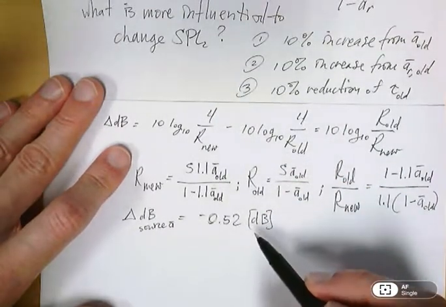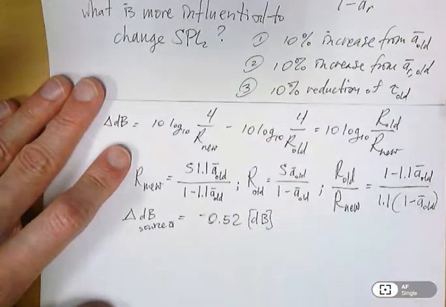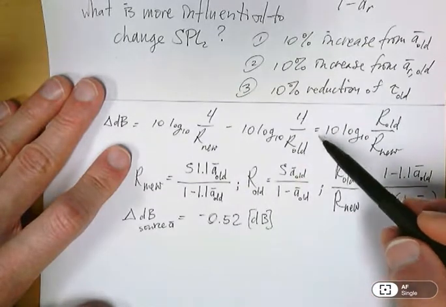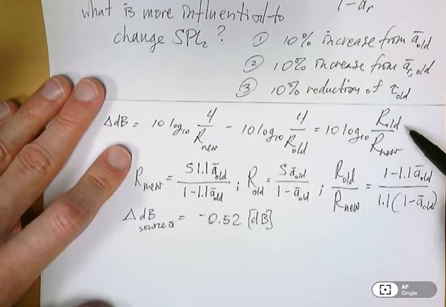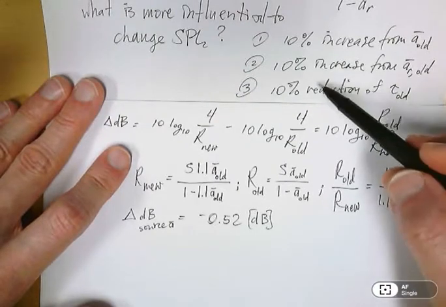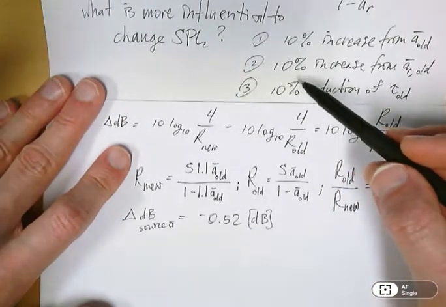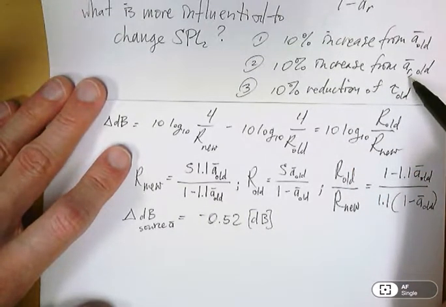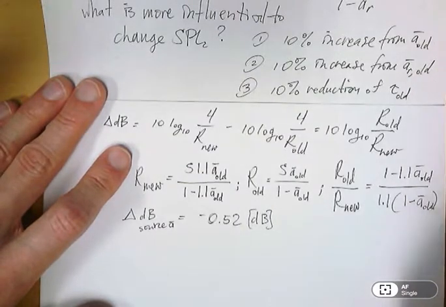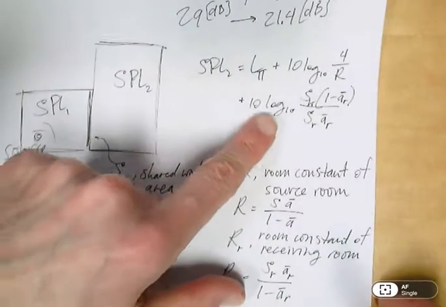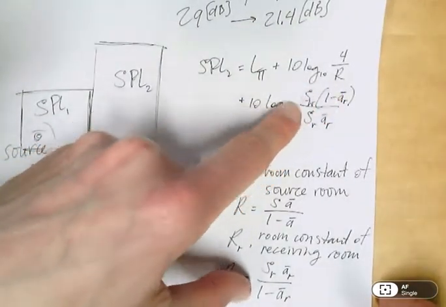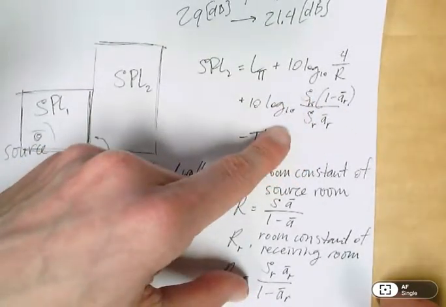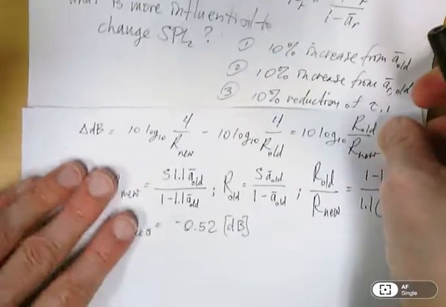Now let's think about the math that we just followed. A delta dB, R new minus R old being equal to this ratio. Think that if we consider our SPL2 expression, a 10% increase from the mean absorptivity in the receiving room from the old value, we're looking at a similar form of expression here. The only thing is that we have an S sub W for the shared wall in this expression. But if we're looking at the delta dB, we can see that the S_W would show up in both terms.